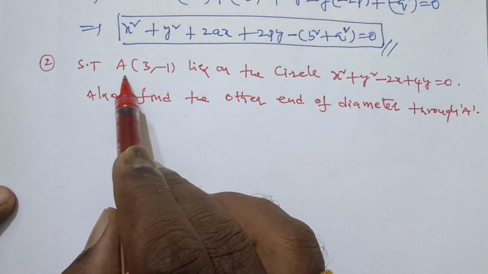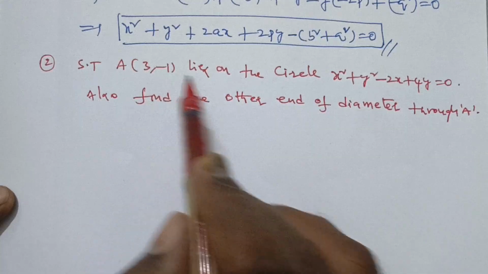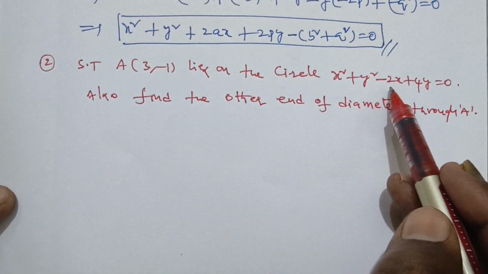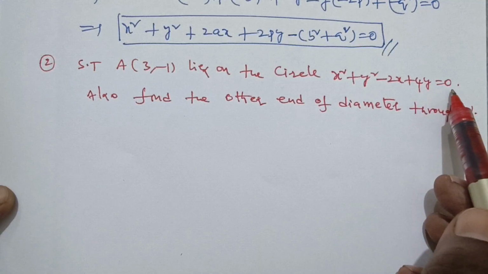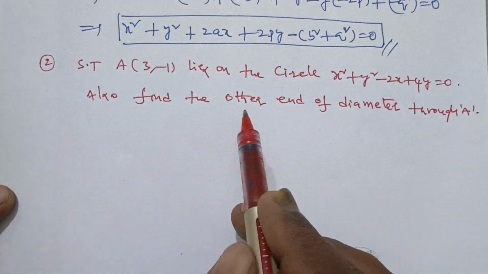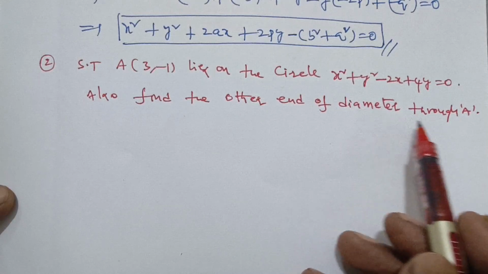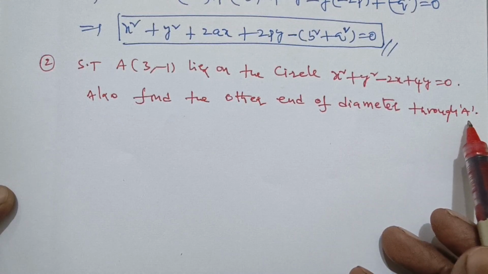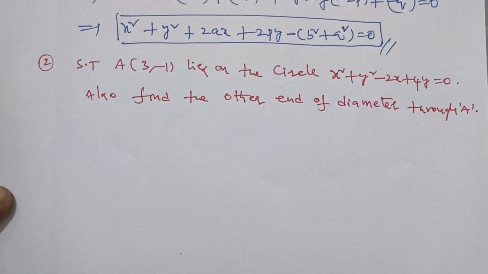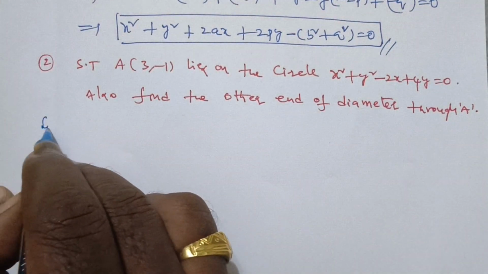Show that A (3, minus 1) lies on the circle x square plus y square minus 2x plus 4y equals 0. Also find the other end of the diameter through A. Solution.